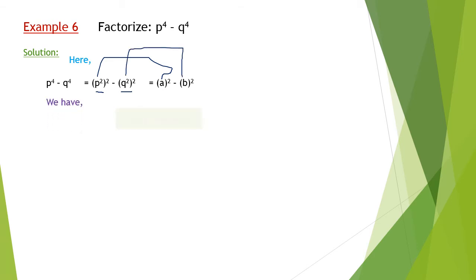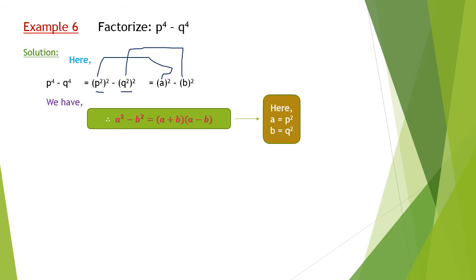So we have our formula: a square minus b square is equal to a plus b, a minus b, and our value of a will be p square and value of b will be q square. Now we have to replace a by p square and b by q square right here.